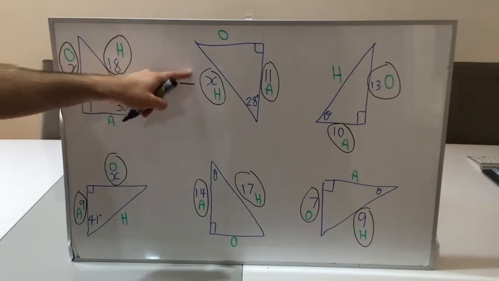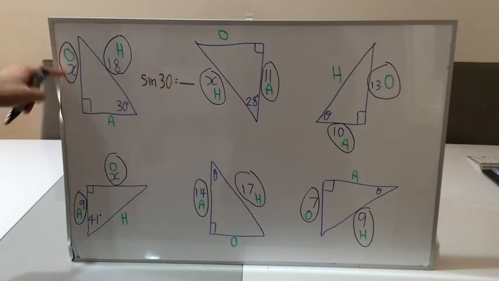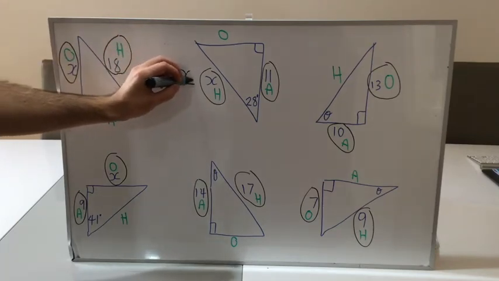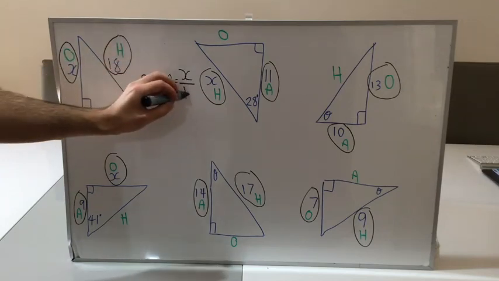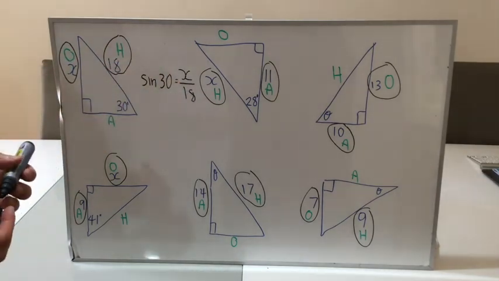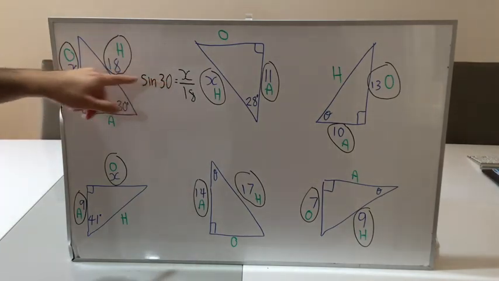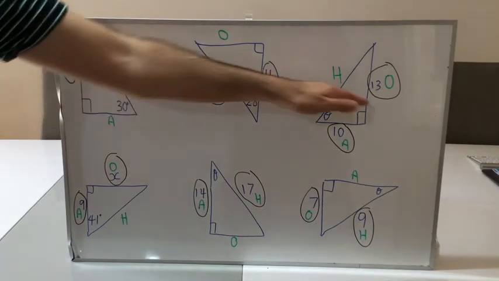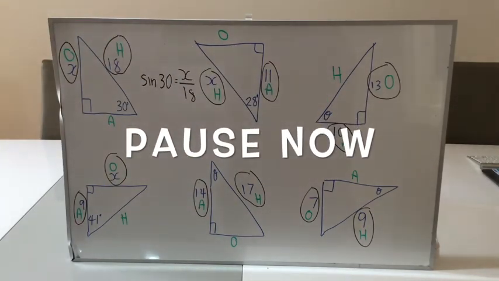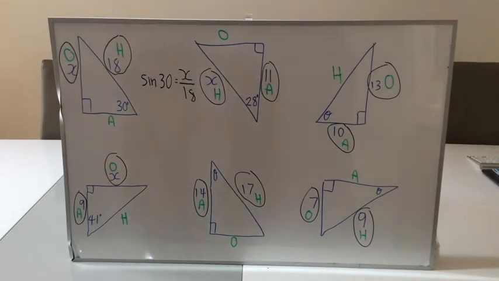So instead of putting an O at the top, what's in the O circle? That's an X. Instead of putting an H on the bottom, what's in the H circle? It's 18. Okay? So that is what you need to do for every single triangle. Pause it, have a go at the next two, and then we'll come back and correct.